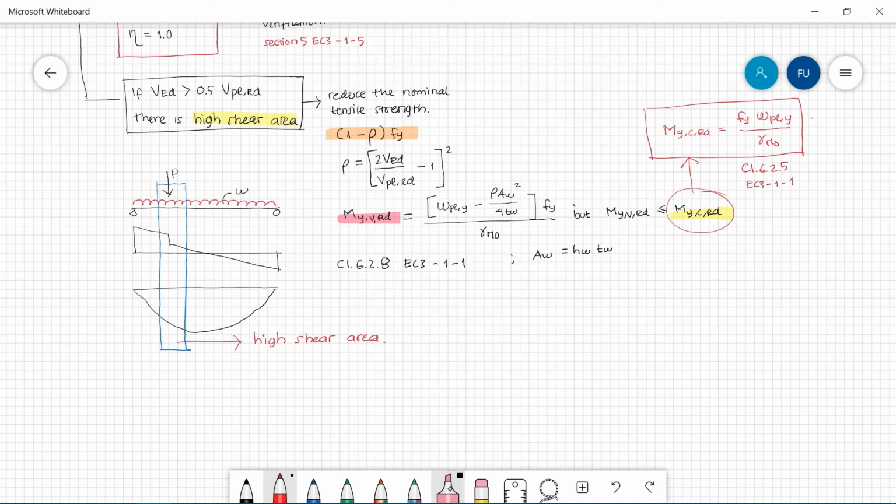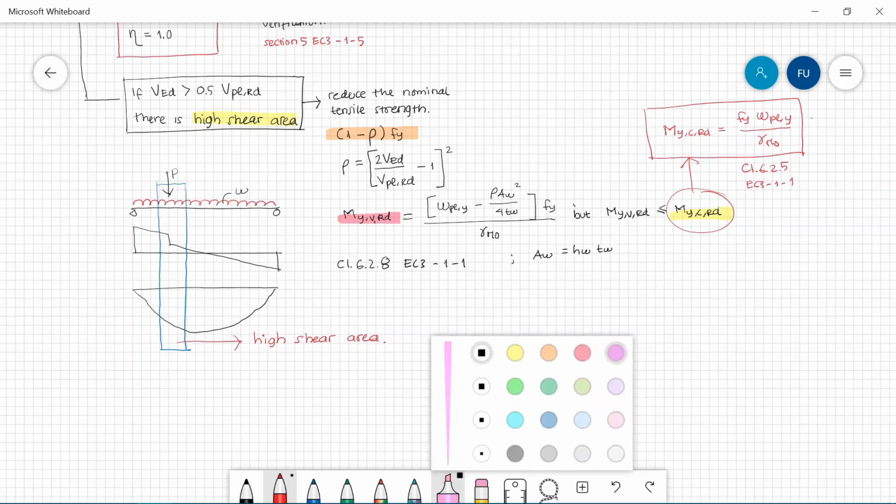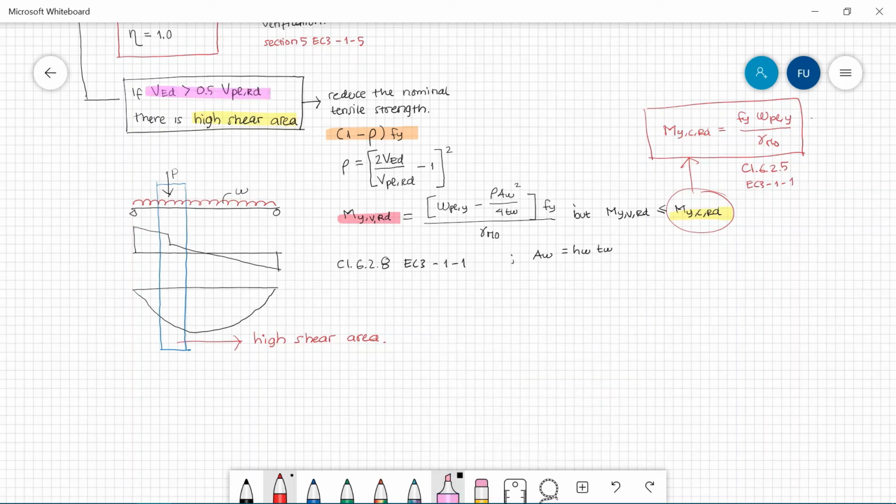So the key important thing here is this one. And then the possible arrangement of load case is like this diagram.